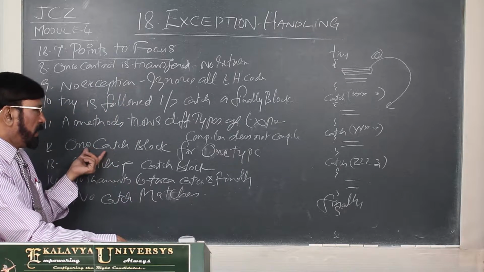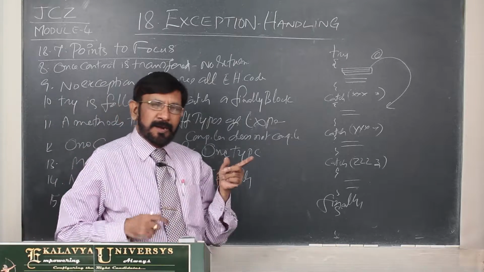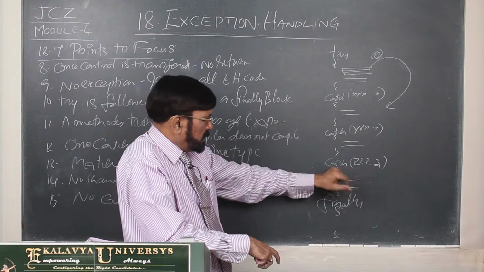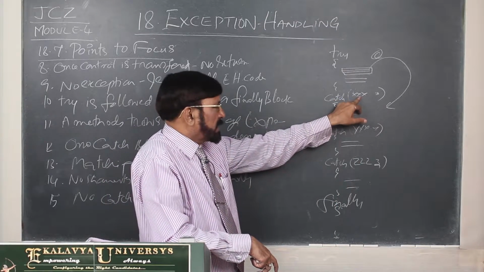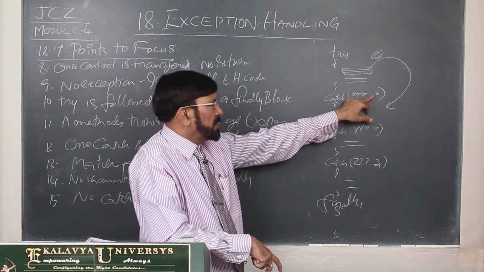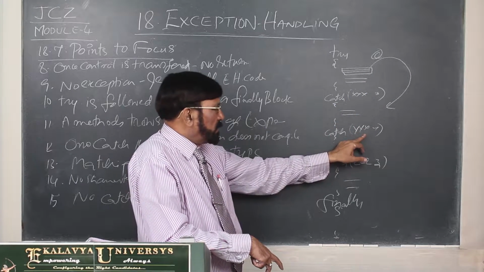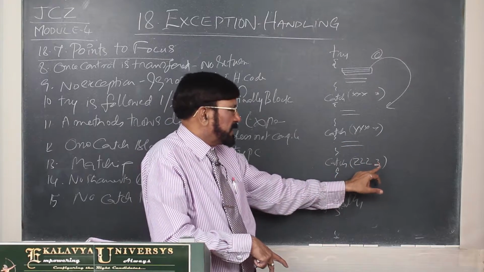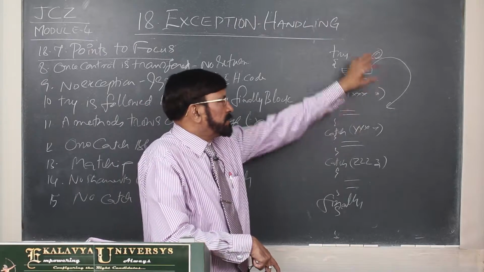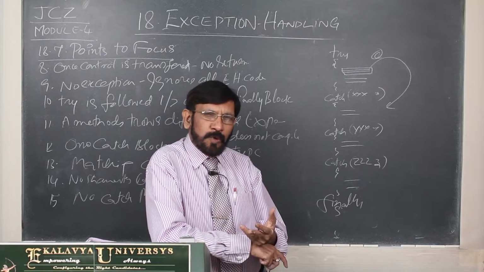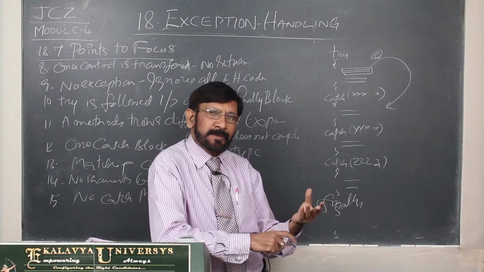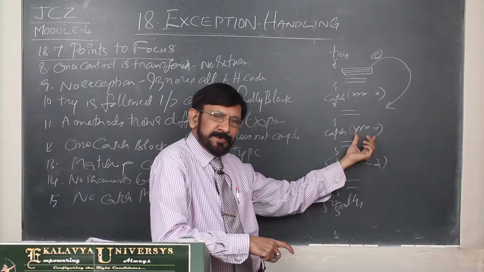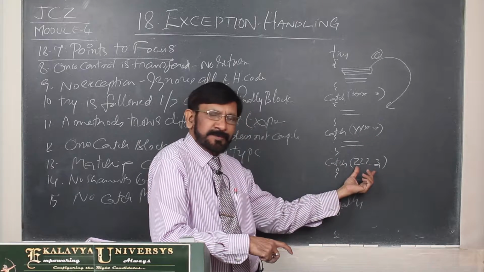So, for one type of exception, one catch block you have to write. That's why I have written a simple example. Suppose I have defined class X, which deals with X. I have defined class Y, which deals with Y. And I have written class Z, which deals with Z. Let us say from this code there is scope for 3 types of exceptions, like array index out of bound exception, number format exception, null pointer exception.